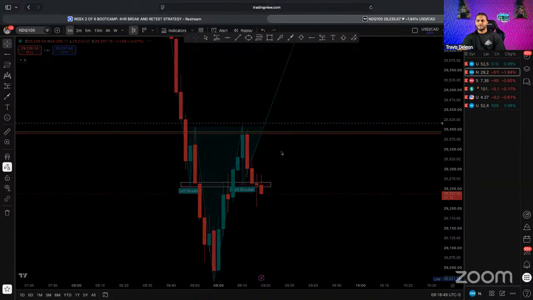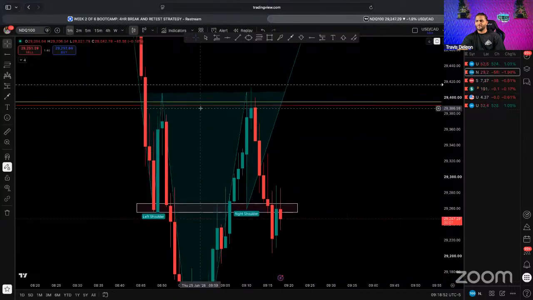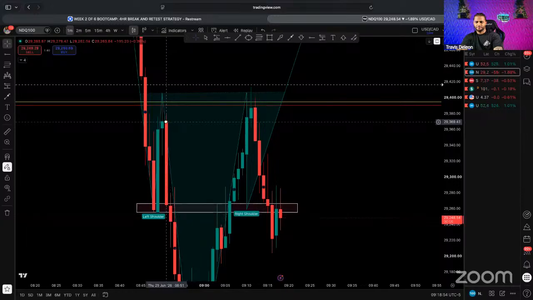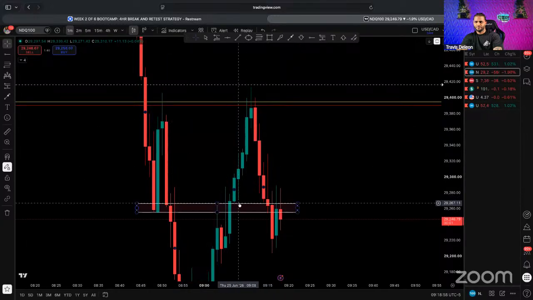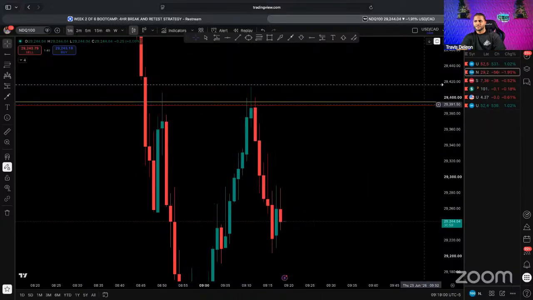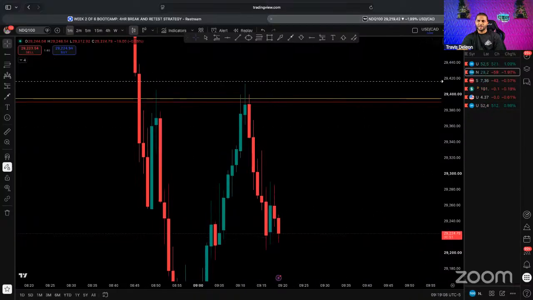So say for instance here, if I was looking to sell, let me remove these other charts. Say this 29,395 level is where I wanted to sell in the first place. This is what I love to see.